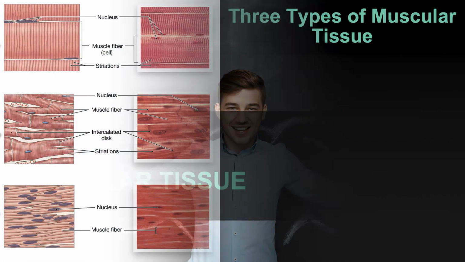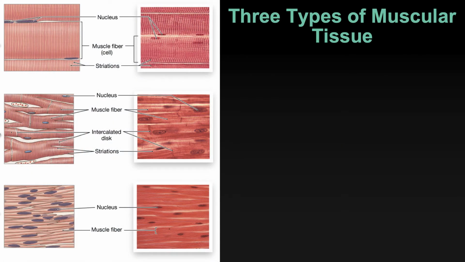There are three types of muscular tissue. Skeletal muscle, which is what I default to thinking of, and maybe you do as well. Skeletal muscle is the muscle that's attached to the skeleton, that moves the skeleton. Cardiac muscle is specifically located in the heart. Cardiac, heart muscle.